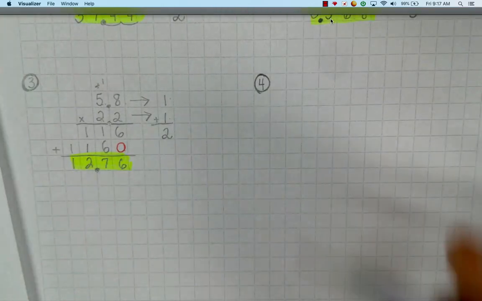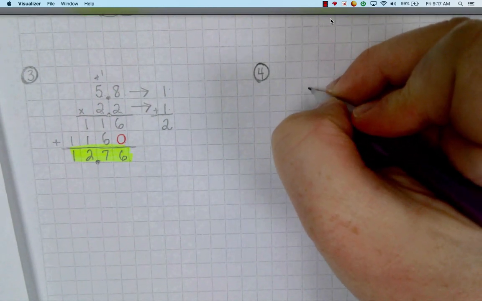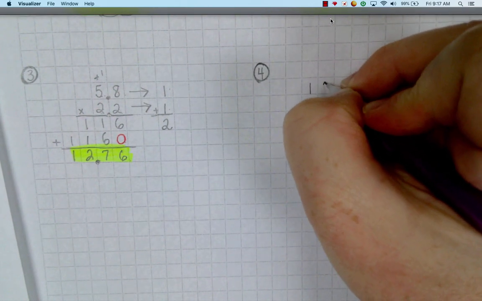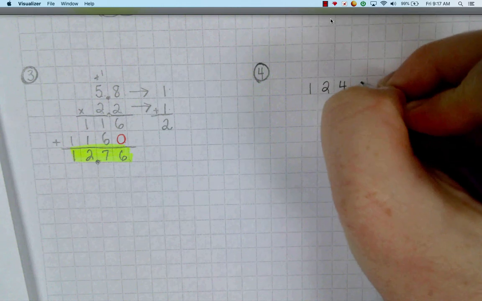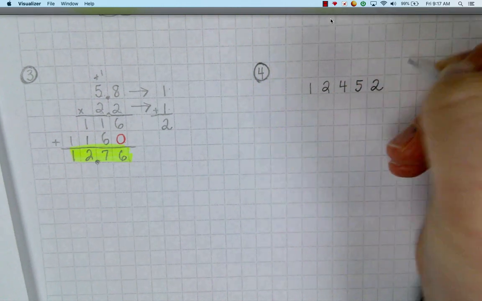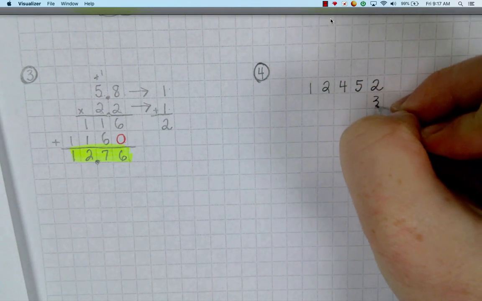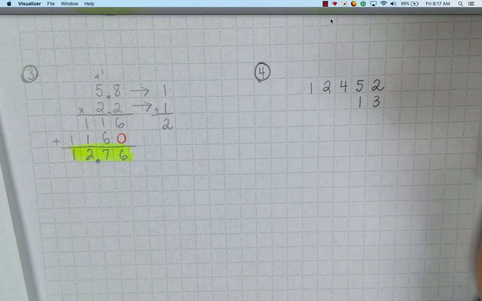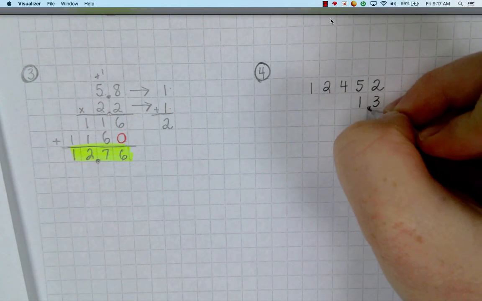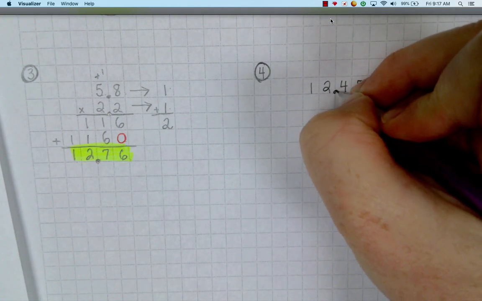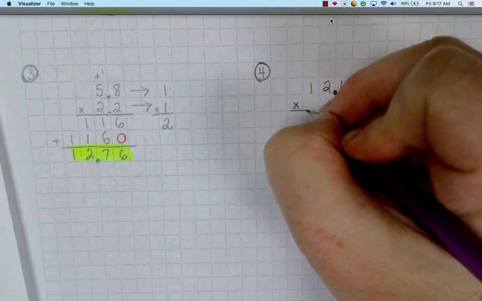So I'm going to show you this. I have 12.452 times 3.1. Lining it up. Now I'm going to place my decimals where they belong. And here's a great example. Let me show you this now. Okay.